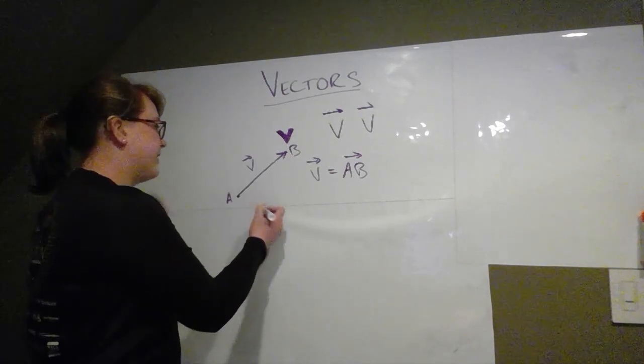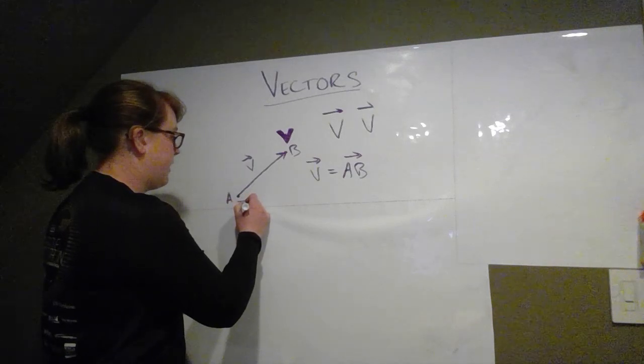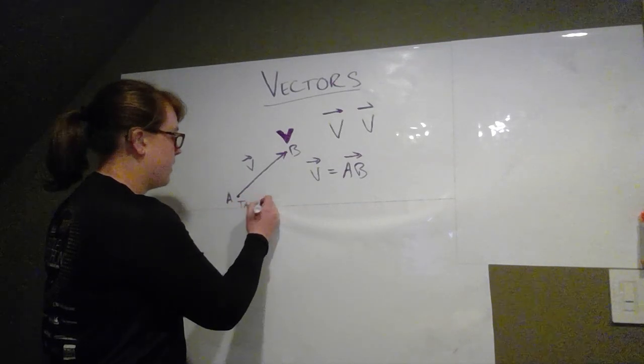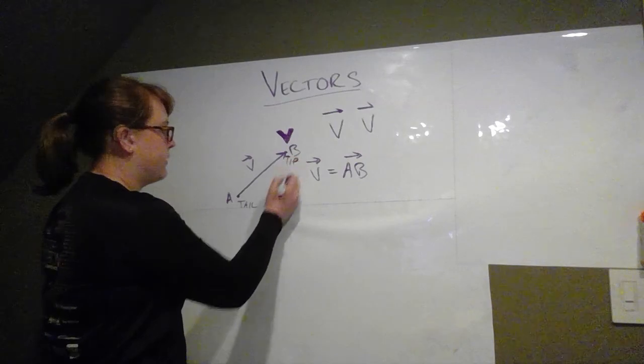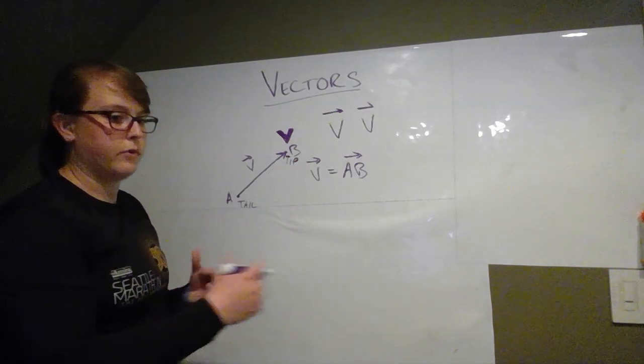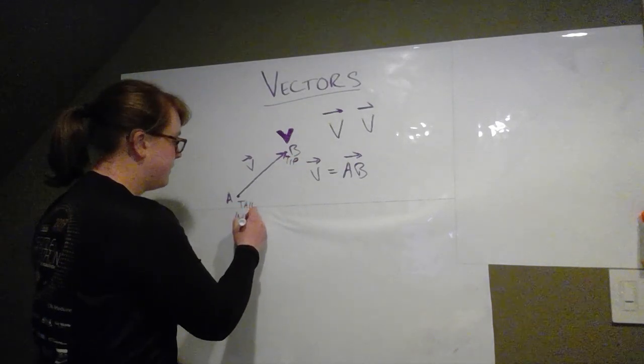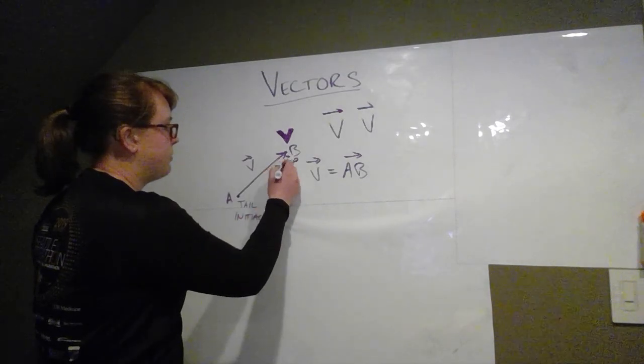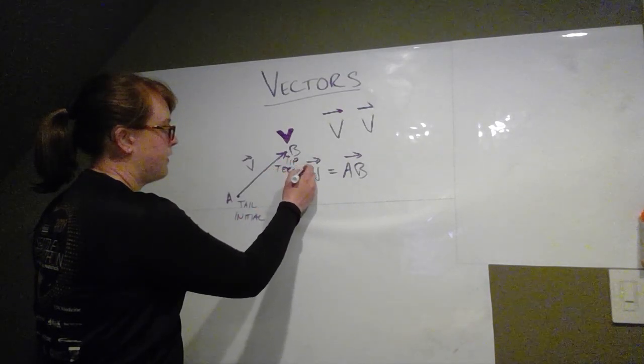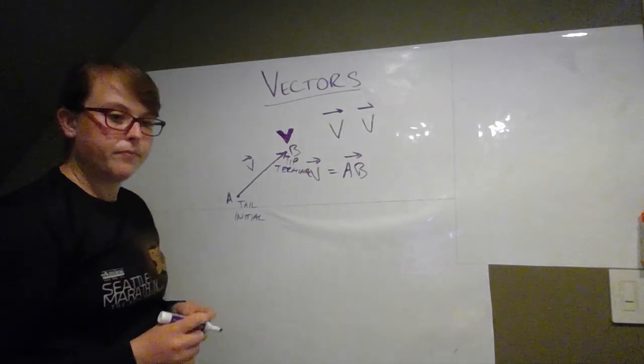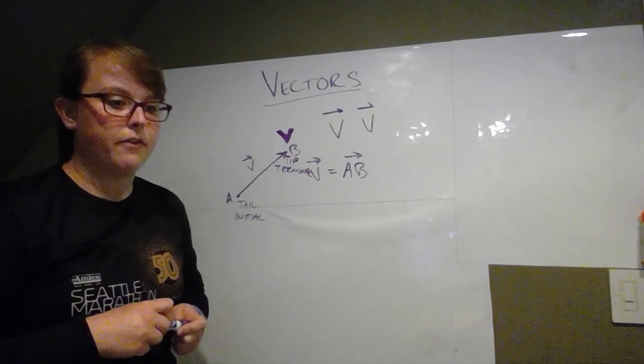And some words you might see around vectors: the tail and the tip, so the starting point or the initial point and the terminal point. So that's some vocabulary you might see around vectors.